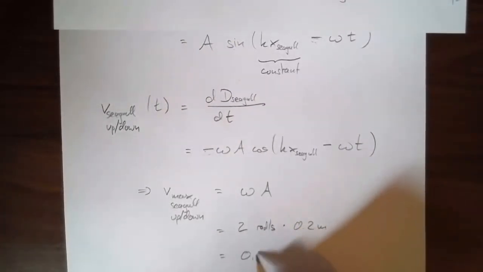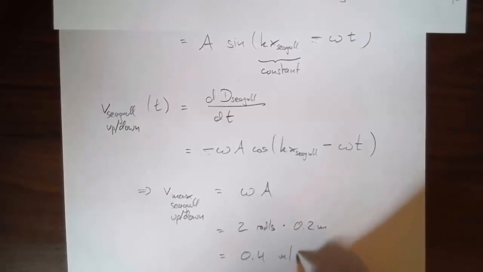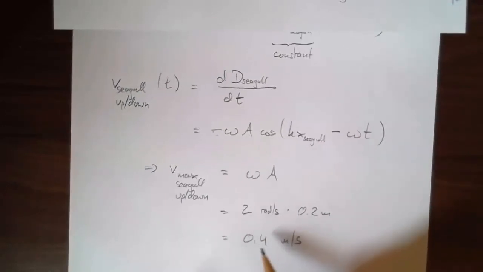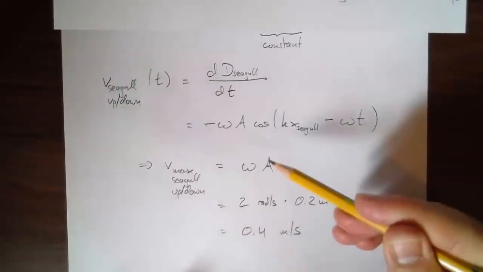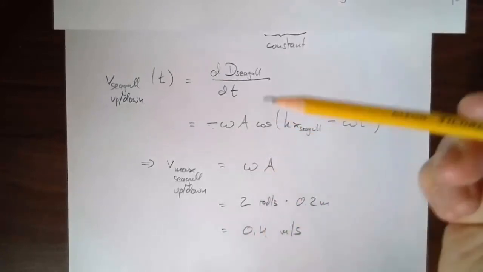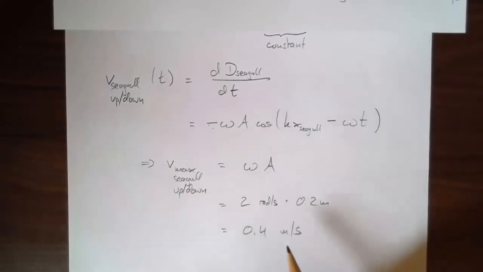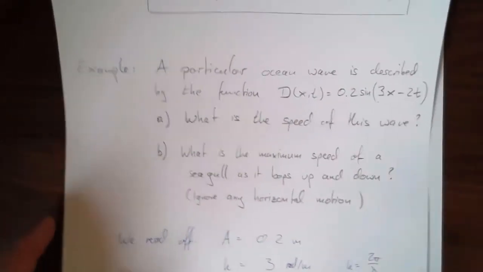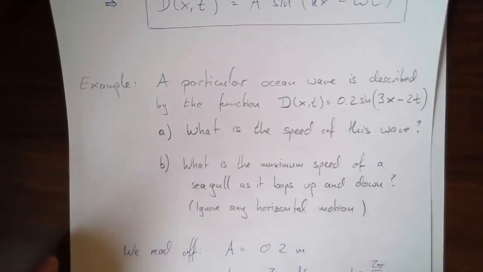This is 0.4 meters per second. Right, and that is my final answer. That's how fast the seagull moves as it goes up and down. It speeds up to 0.4 meters per second on its way down and on its way up, as that wave given by this function up here passes underneath it.